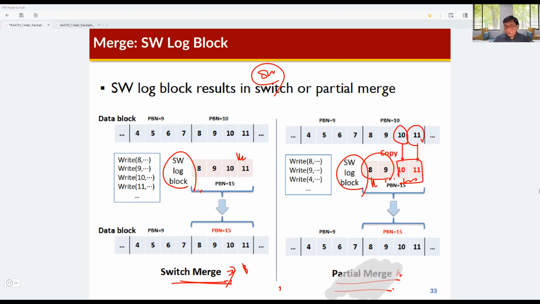But with the partial merge, the SSD needs to perform the write operation for these partially updated pages inside of the data block, and then just change the block mapping information. So this partial merge just requires some writes. Okay.